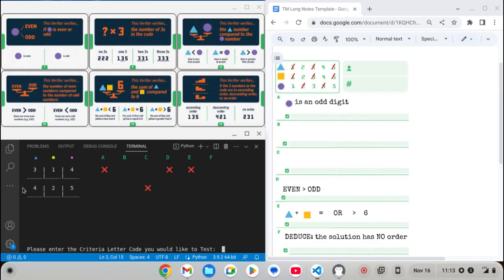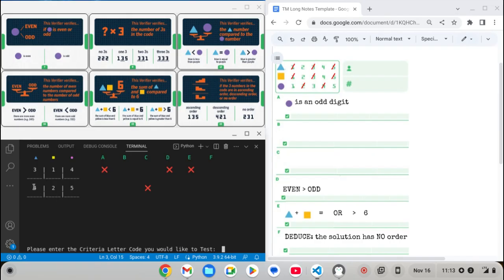Okay, so it is not true. If you notice, I have a triangle value of 4, a circle value of 5. In my proposal, 4 is less than 5, triangle is less than circle. That is not correct. And we also said that they can't be equal since we are comparing even and odds. So it must be true.